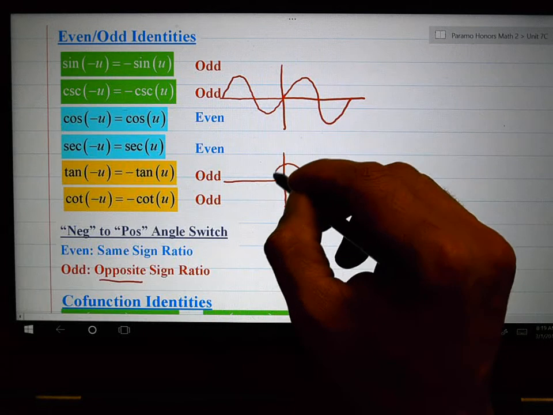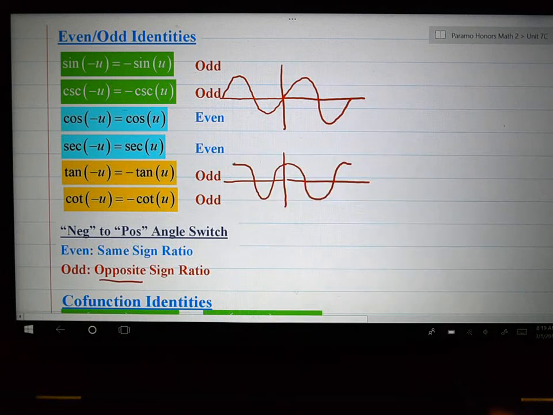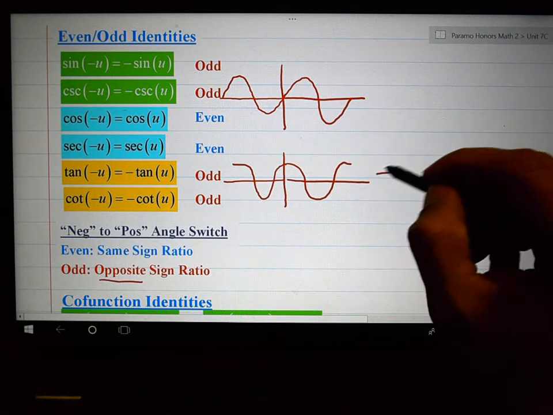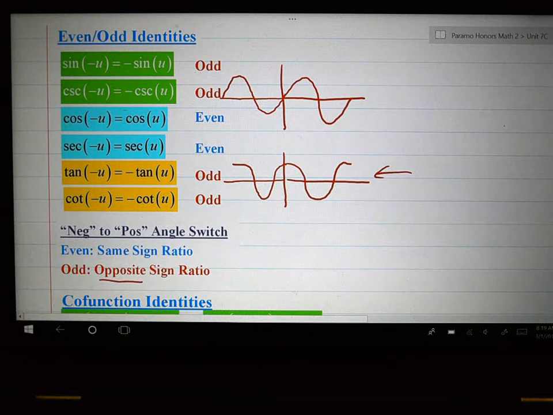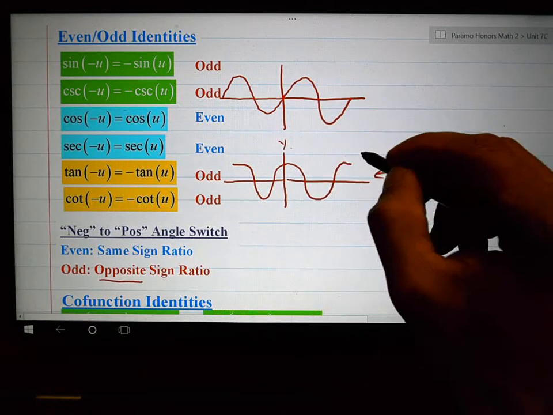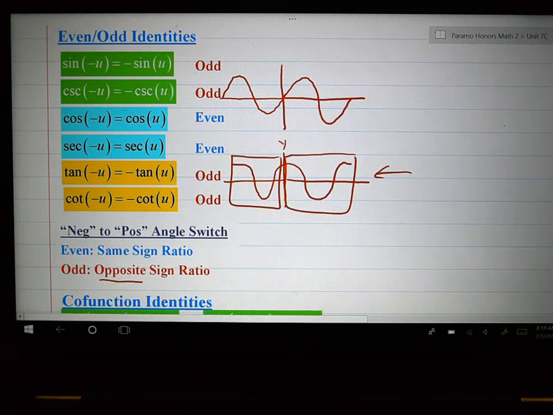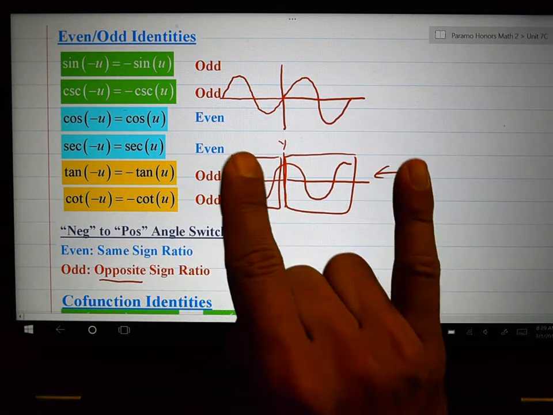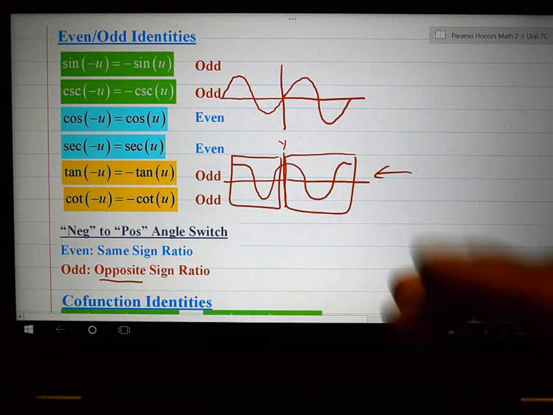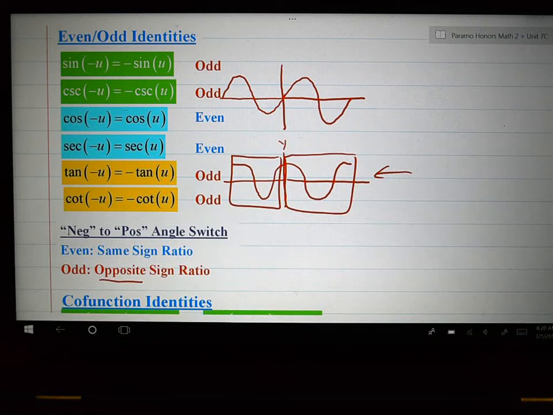The ones that are even are the ones that you can reflect over the y-axis. This side is the same as this side. Because they're the same, when you rotate them, their signs are going to be the same.